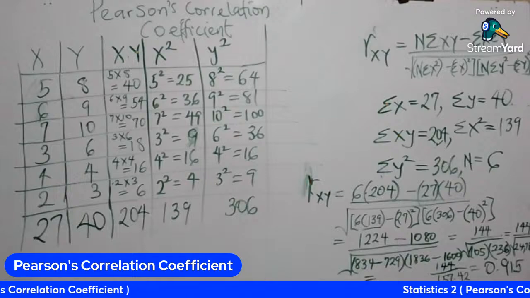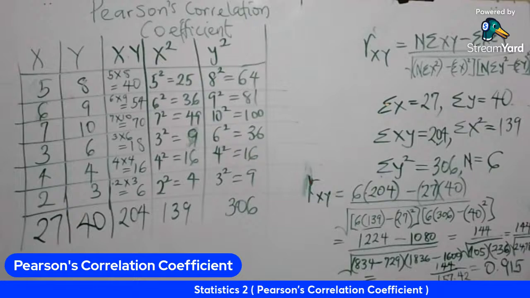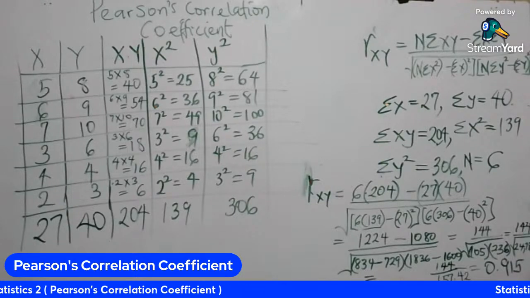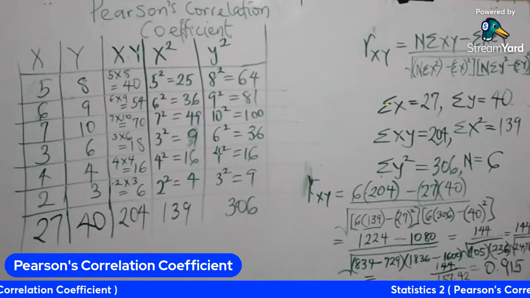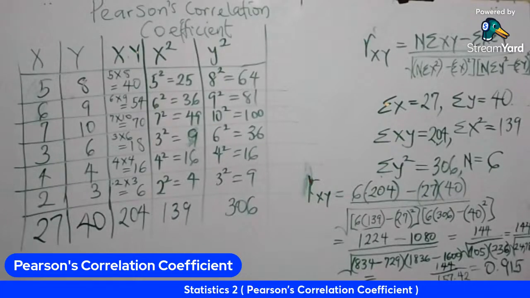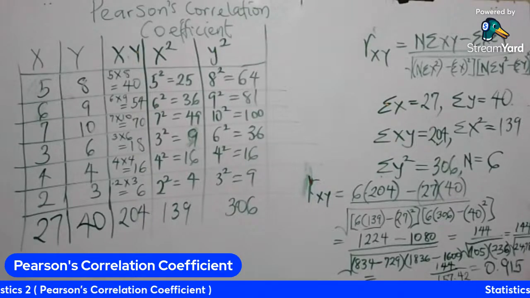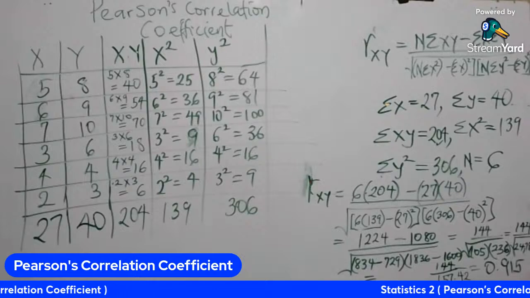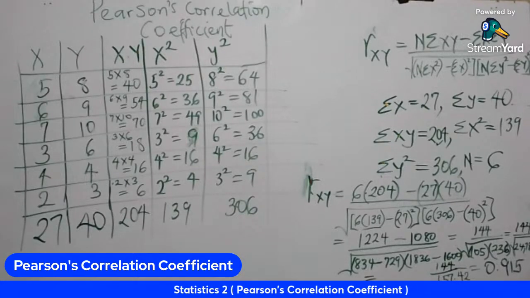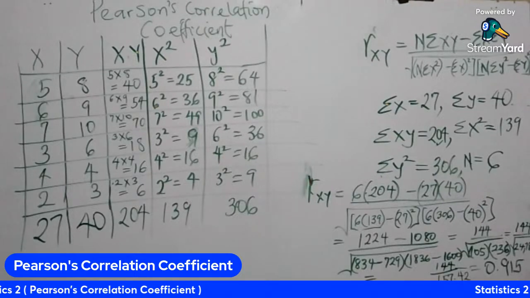X is the family income of family X, Y is the family income of family Y. And the question says this implies that an increase in the income of family X is likely to bring an increase in income of family Y. It's just an assumption. So using the Pearson correlation coefficient, we have got our answer to be 0.91.